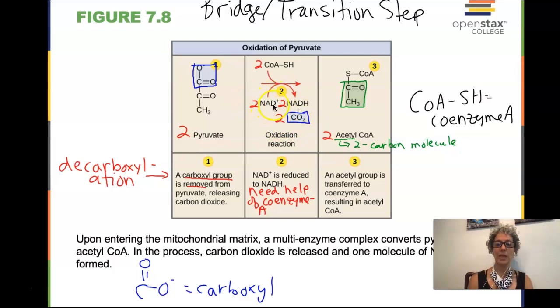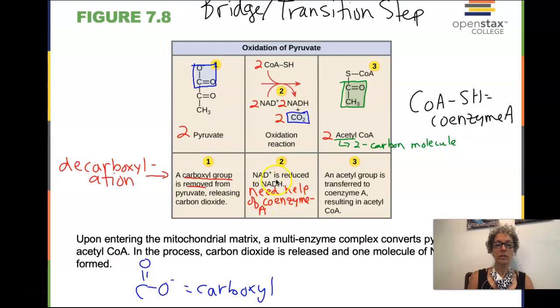coenzymes, NAD+, that get reduced to 2 NADH. So if we are reducing the NAD+, it has to get its hydrogens from somewhere, and it gets them from the oxidation of the pyruvate. And we end up with acetyl coenzyme A. And the prefix acetyl means a 2-carbon molecule.